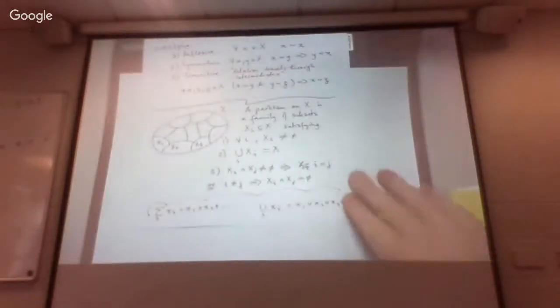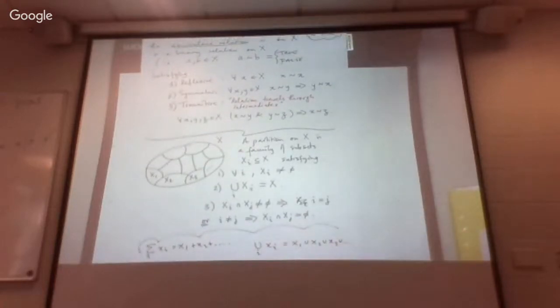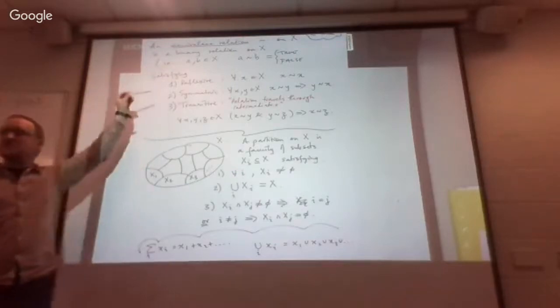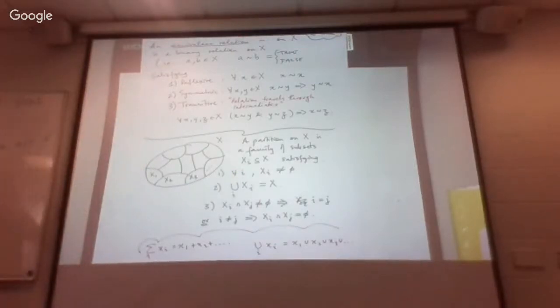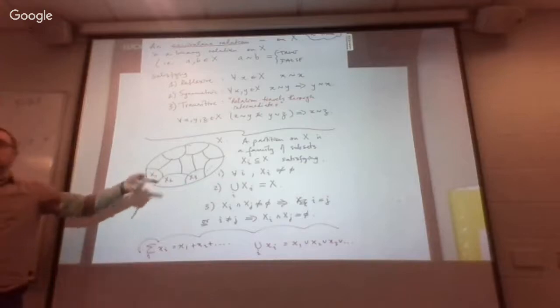So we've got equivalence relations and partitions, and they look on the face of it like they're two different things, and they are. One is setting up a logical statement amongst pairs of elements, a binary relation. The other one is looking at the large set and subdividing it in a careful way.